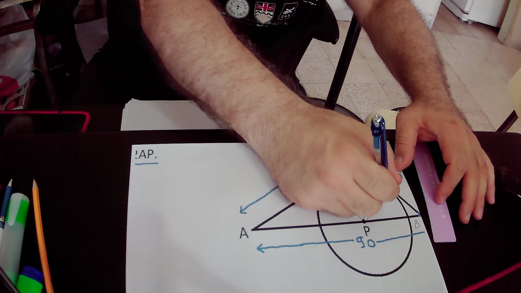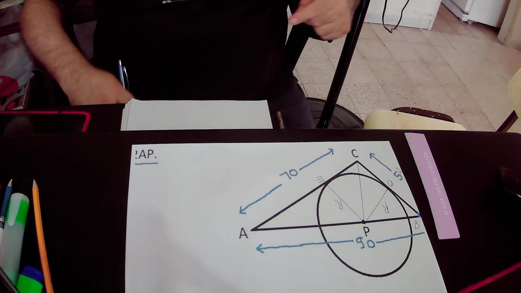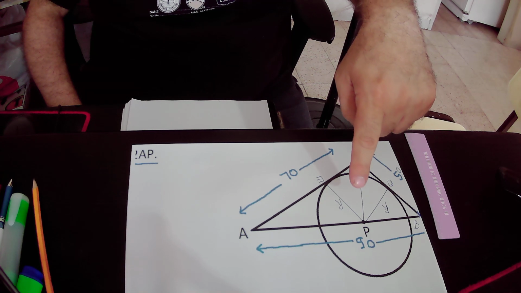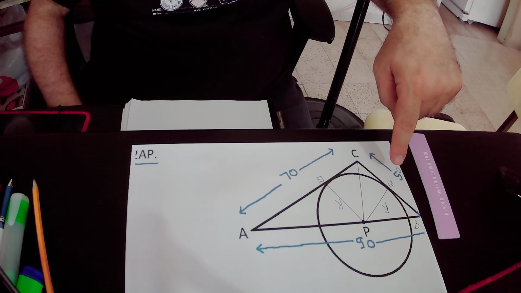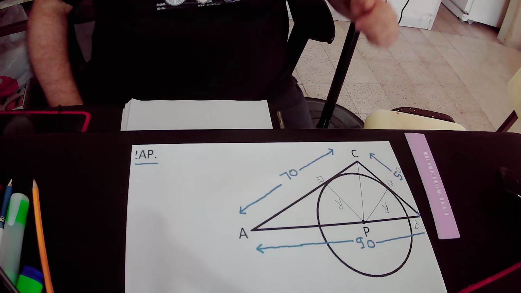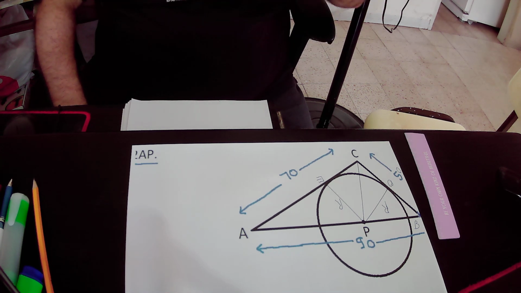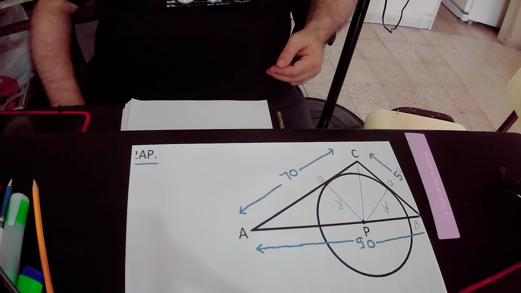I will mark it as R because the straight line starts from the center of the circle, that is to say from point P, and ends at point O on the circle. So that is defined as the radius of the circle. So OP and EP are the radii of the circle. Okay.